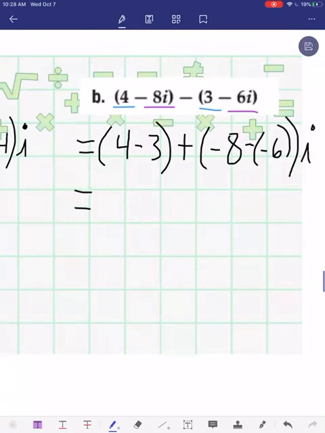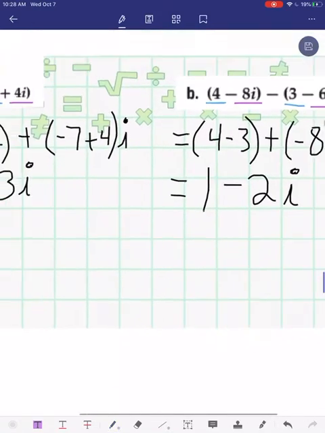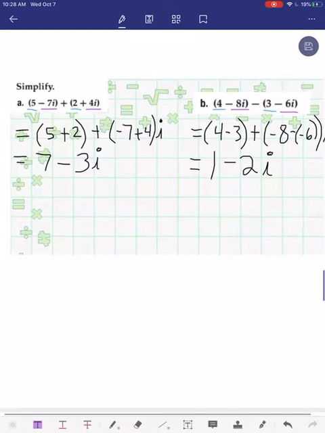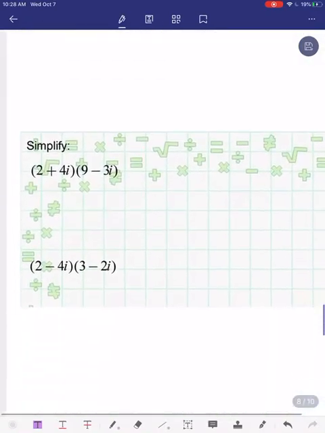So 4 minus 3 gives us 1. And then we have -8 minus -6. So that would become a +6. So -8 plus 6 gives us -2. And then we need to add our i. And so that would be our answer. And that would be how any of our addition or subtraction is going to work.